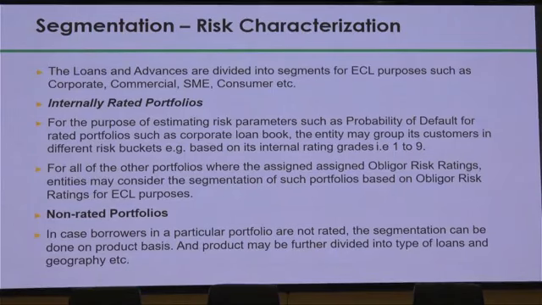Like credit card is one segment. You can also divide that into further segments, like geographical basis, southern region, northern region, and similarly you can divide them according to type of underlying borrowers, low income borrowers, medium income borrowers, or high income borrowers. That can be done. So this is how segmentation is done under IFRS 9.